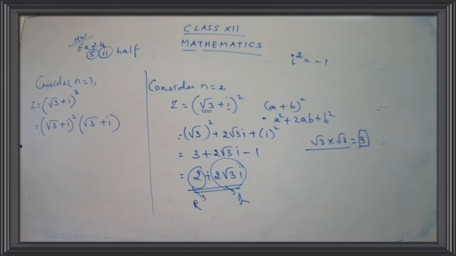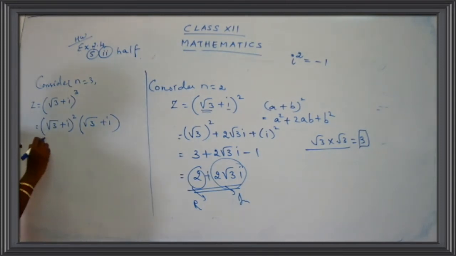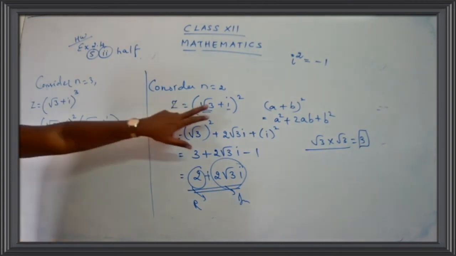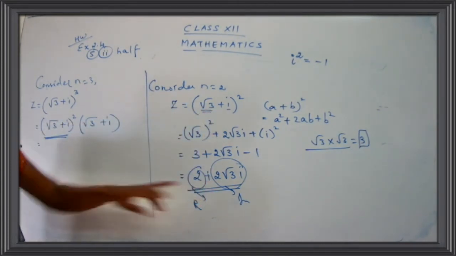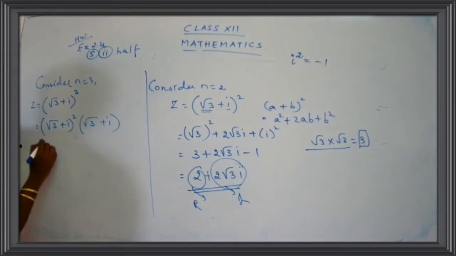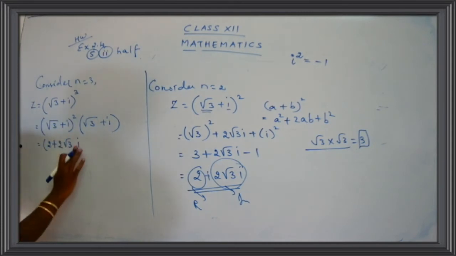Clear, children? Okay, so now what are we going to do? We are going to substitute the value. We already know the value for root 3 plus i whole square. Yes, we have found it. So put the value over here: 2 plus 2 root 3i. Put everything under bracket. Okay, children?